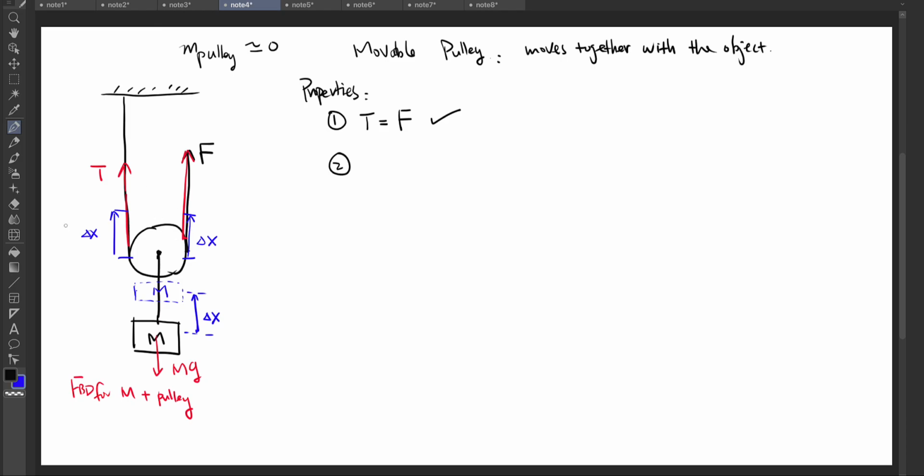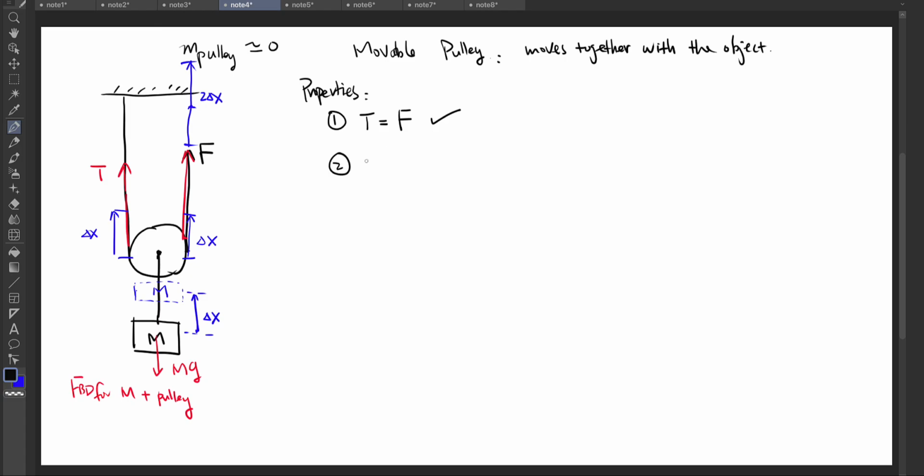Now the missing 2 delta x goes in here, so we need to pull up the string on this side by 2 delta x. Then we can account for the missing 2 delta x on the left and right side of the string. Okay, so let's write down the relation.